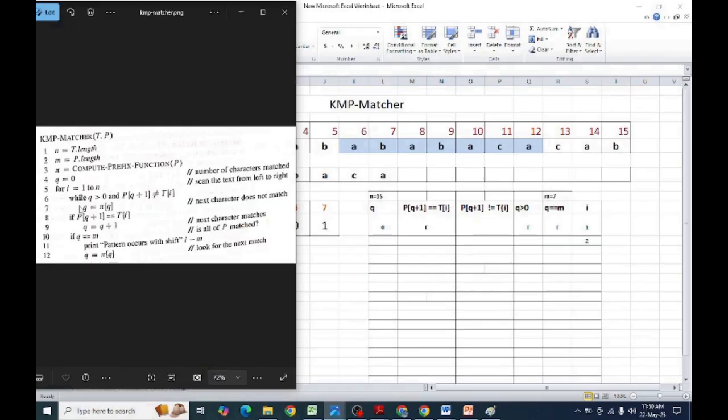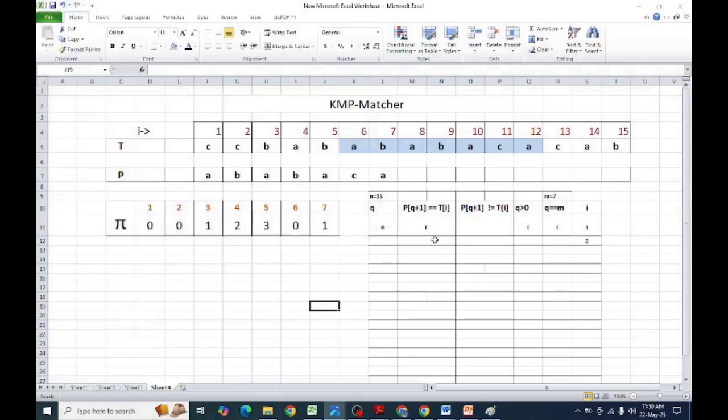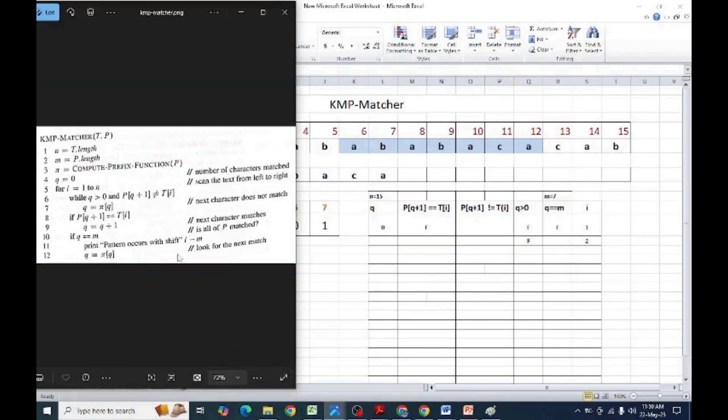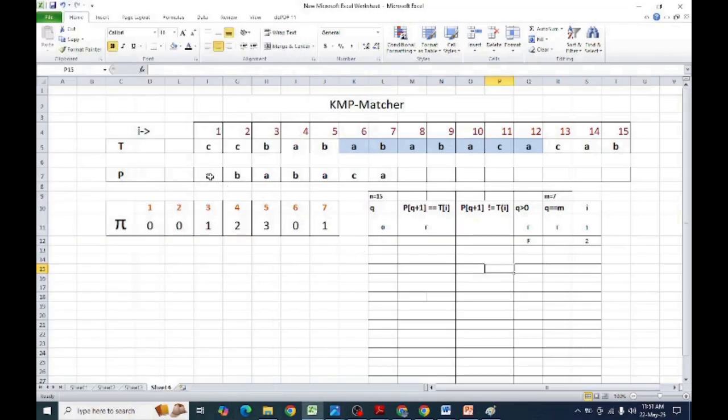Again it will check q greater than 0, no, so this while loop will not work. This is again false, q greater than 0, false. It will be checking if these characters match, that is p of q plus 1, the first character of the pattern, equal to t2.